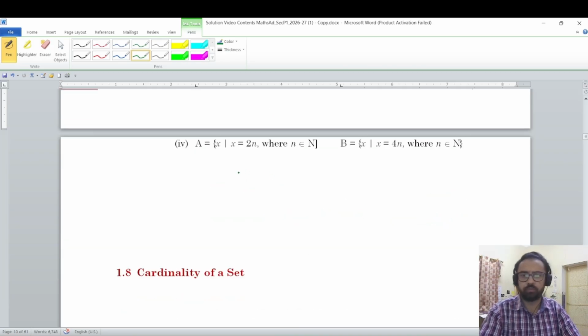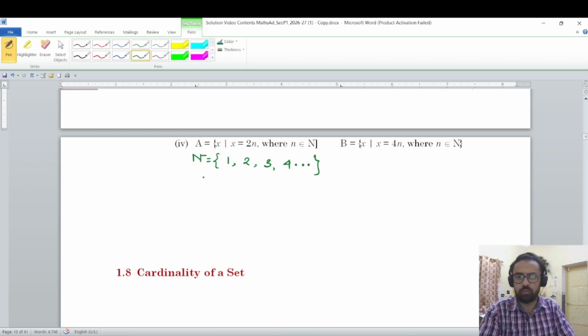Next question: A is the set of all x such that x equals 2n, where n belongs to the natural numbers. If you remember, natural numbers start from 1: 1, 2, 3, 4, like this. In that case, what will be the elements of A? Elements of A will be all x such that x equals twice n.